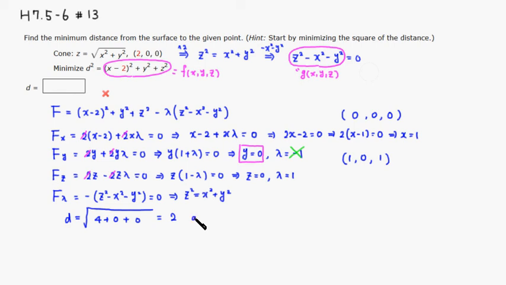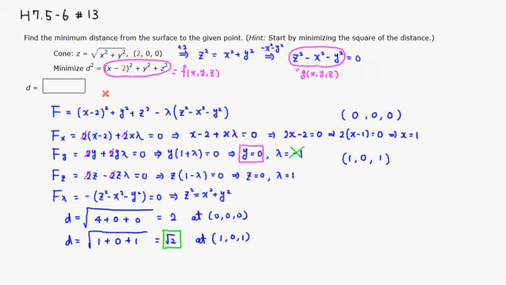At 1, 0, 1, the distance is the square root of 1 minus 2 squared, which is 1, plus 0, plus 1 squared, which is 1. That's the square root of 2, which is smaller than 2, so this is the minimum distance.